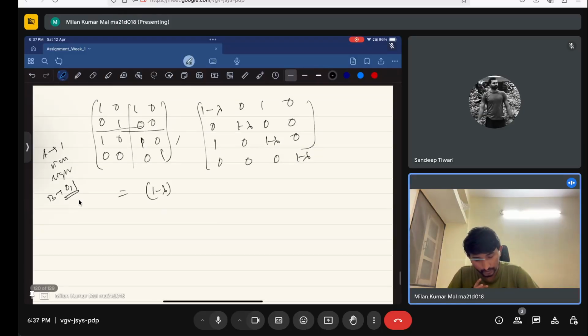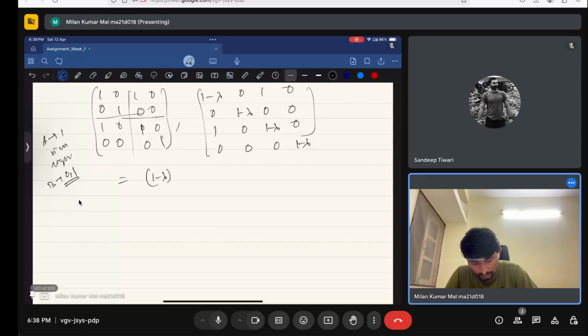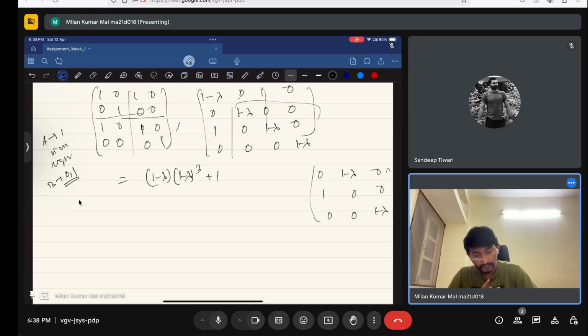There is no problem. I think 1 minus lambda into this determinant, and this determinant is (1 minus lambda) cube. Minus here plus 1 into this one, this and this will cancel out. So the determinant of 1 minus lambda 0 1, 0 0 0, 0 1 minus lambda. What is the determinant of this matrix?